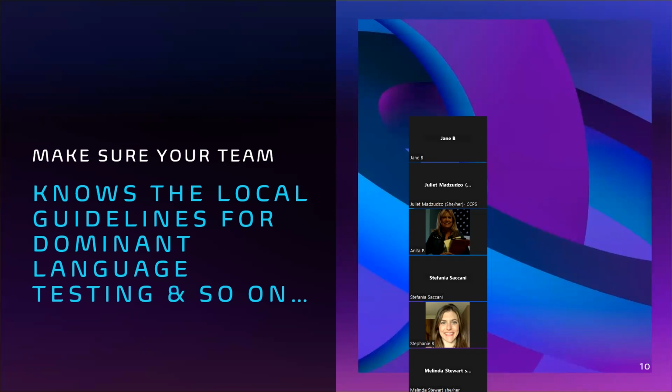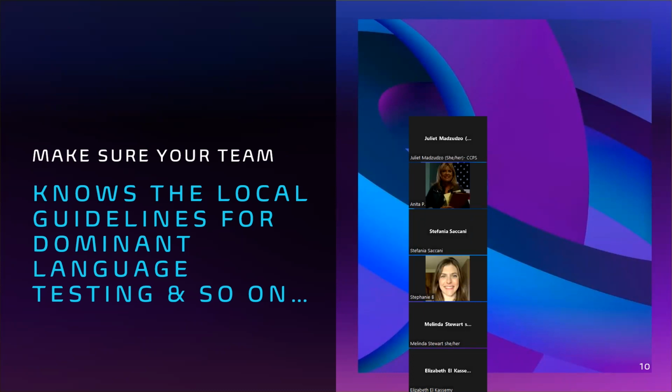Another pitfall that I've seen often is making sure your team knows the local guidelines for dominant language testing and so on. Language dominance is usually what it's called. When you have students who speak multiple languages, you have to figure out which is the dominant language.